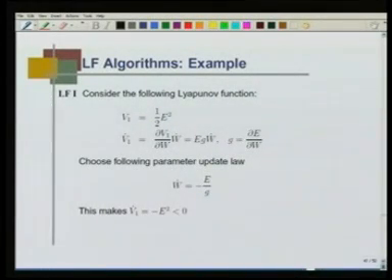So, we will again take the same example, and my V1 is half E square, this is wrong actually. V1 is actually E, and V1 dot is del V1 by del W times W dot.